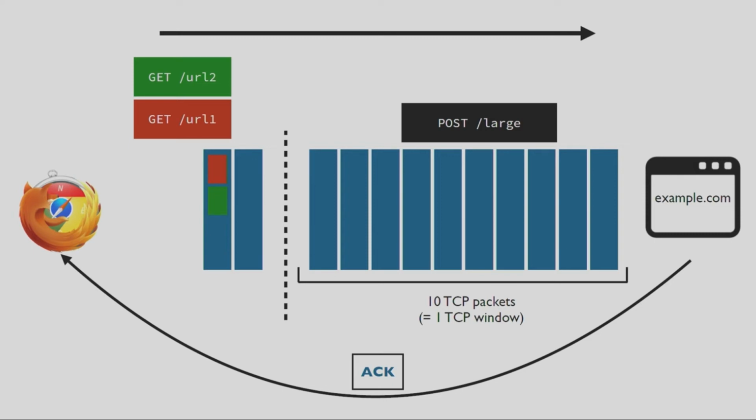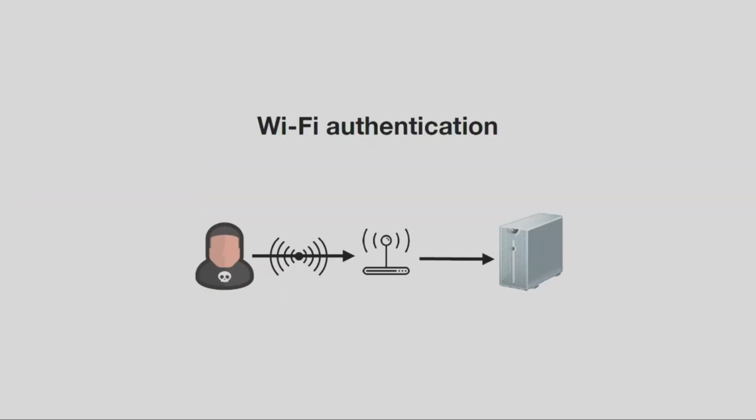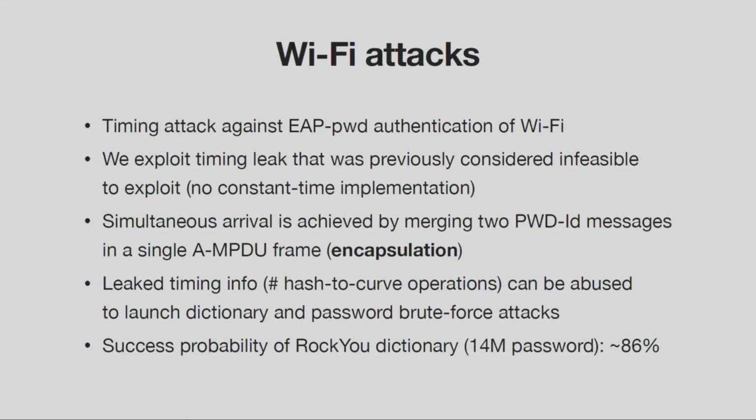And that brings me to the third attack scenario, where we try to attack the Wi-Fi authentication. We performed a timing attack against EAP-pwd, which is a quite popular authentication mechanism for Wi-Fi.